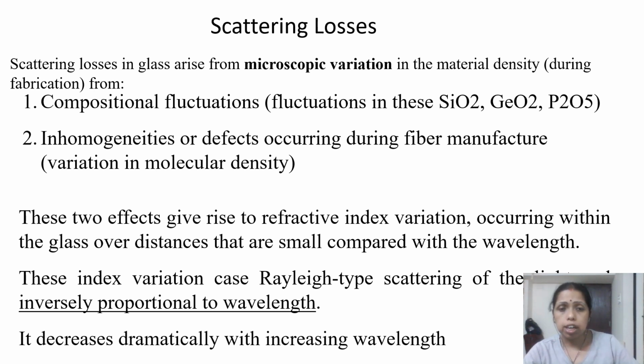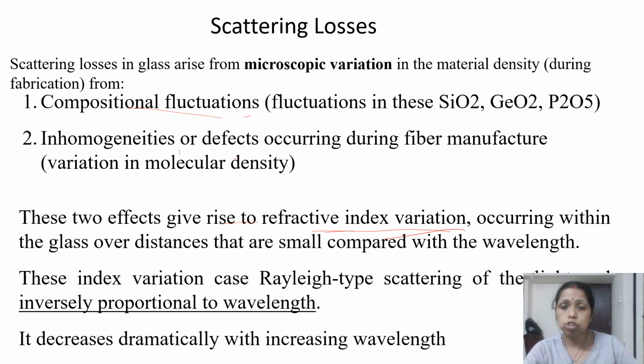This is called Rayleigh scattering, because if there is compositional fluctuation or inhomogeneity, the refractive index may change. In some point there is one refractive index, in another point a different refractive index, so the direction of the light will continuously change.